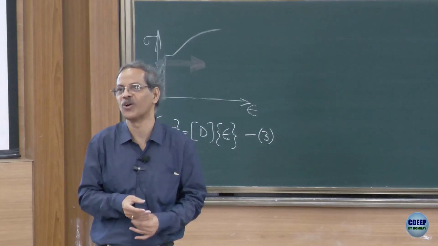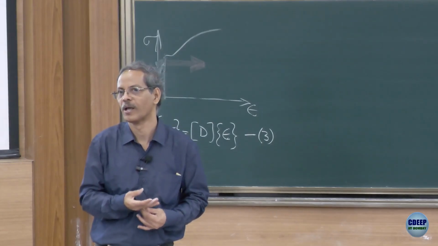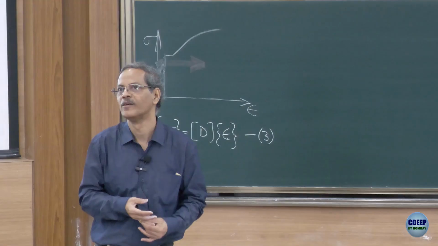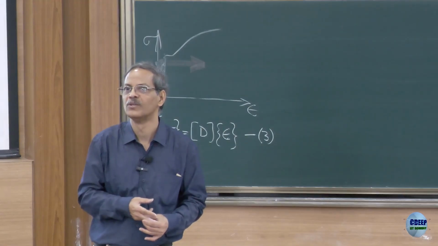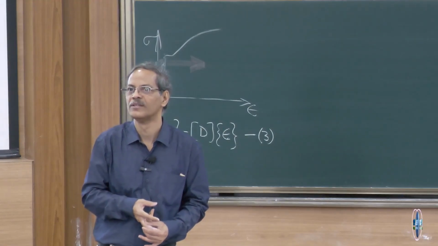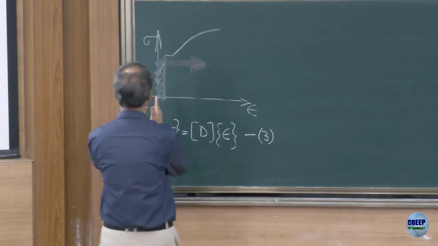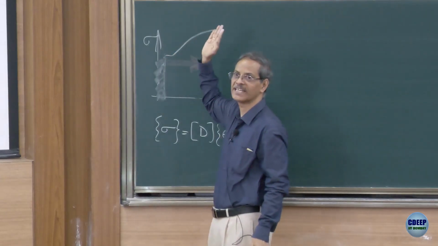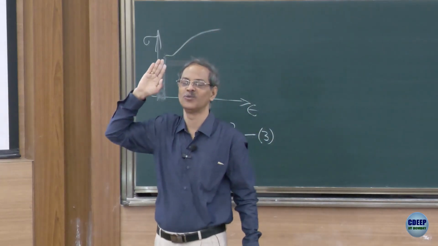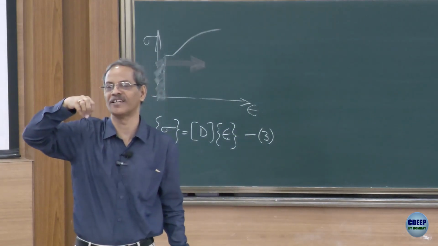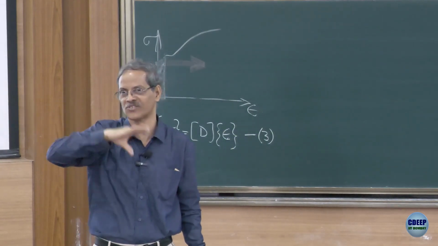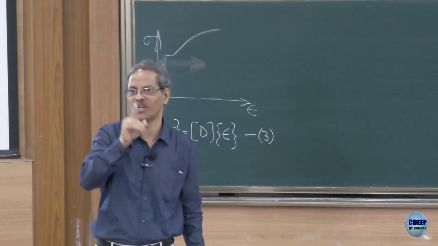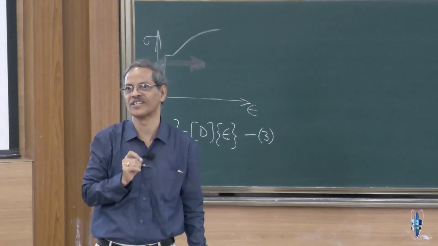Engineering strains means what? So I am still here only. I am not going to necking and change in original area of cross section to current area of cross section, true stress, etc. I am still in small stresses and strains.